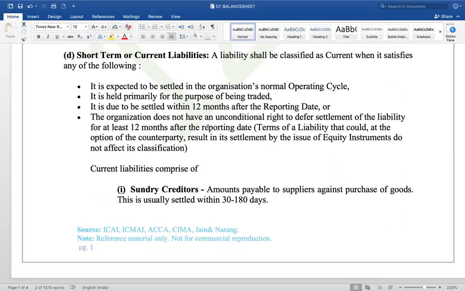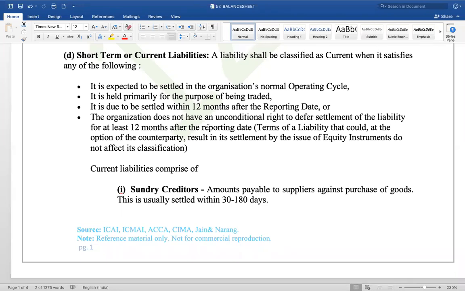Like, you bought material, you had to make payment, and the fellow who has supplied the material has given you, let's say, 3 months time to pay. That's an obligation you have to meet, right? That's less than 12 months. Therefore, it is a current obligation, a current liability or a short-term liability.